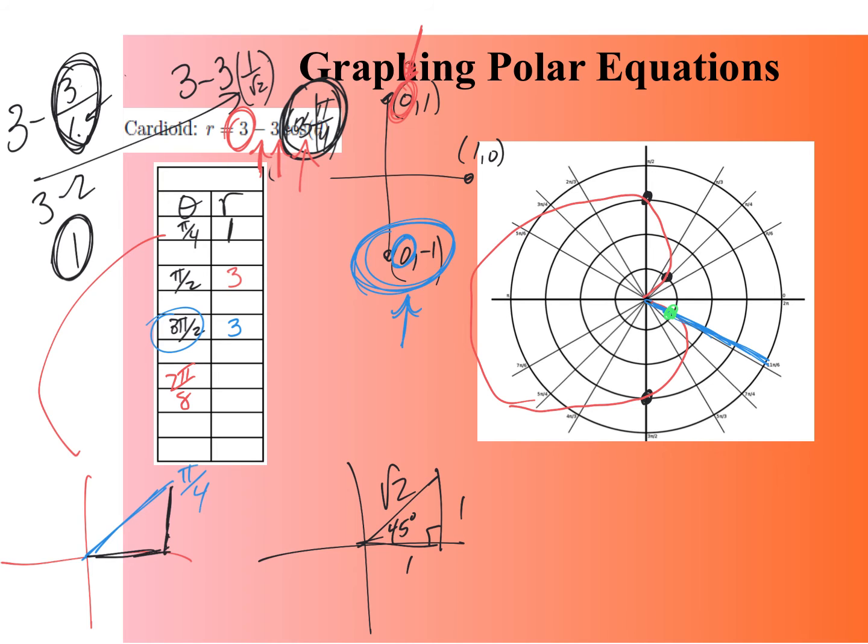So everybody please figure out 3 minus 3 times the cosine of 7 pi over 8, which I would go and do circle trig on. It's out here. It's really 7 pi over 8.